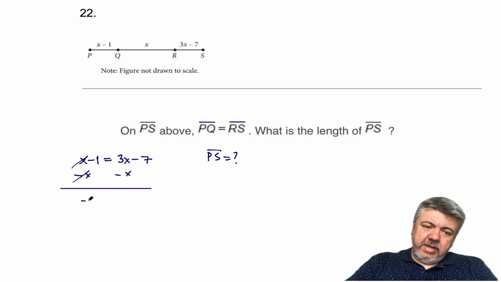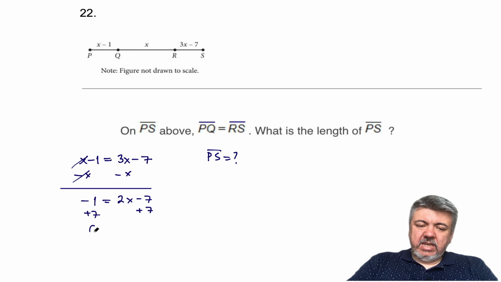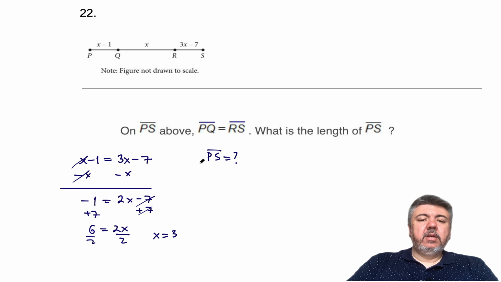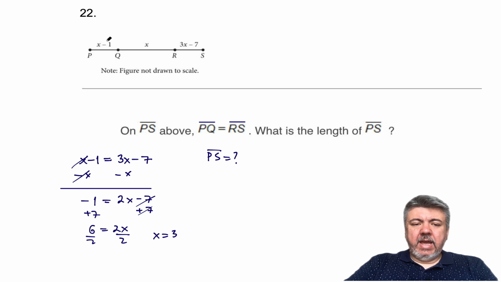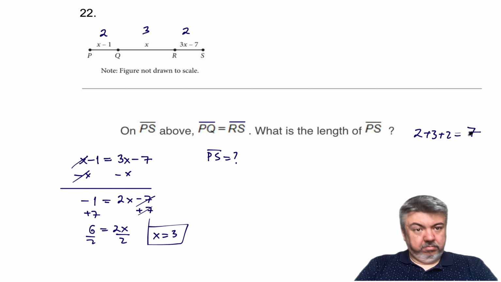The x's cancel, negative 1 here, 3x minus x is 2x minus 7. Then plus 7 on both sides. It's 6 equals 2x. Divide by 2. x equals 3. So let me write everything in terms of x, like x minus 1. Since x is 3, x minus 1 is 2, 3, and 2 again. So it is going to be like 2 plus 3 plus 2, which is 7. Yeah, that's it.